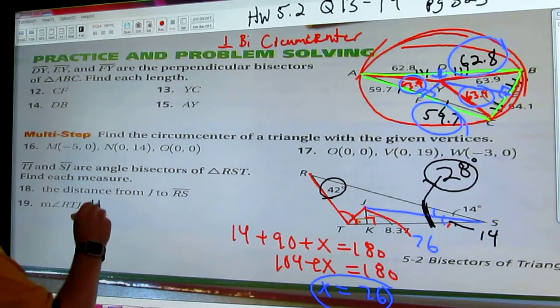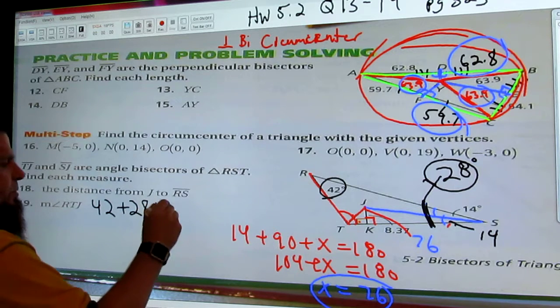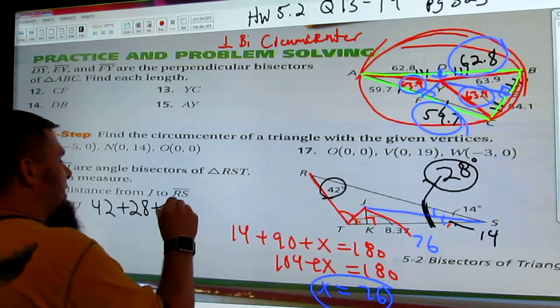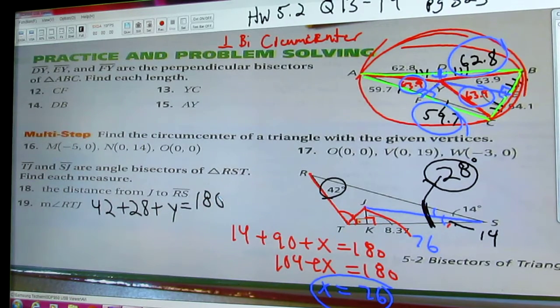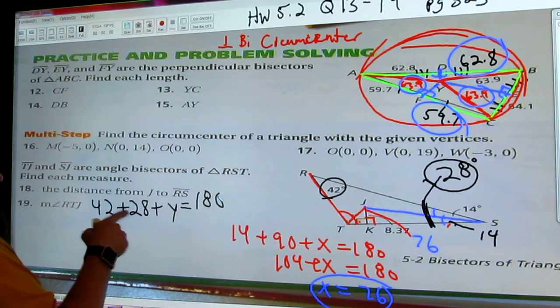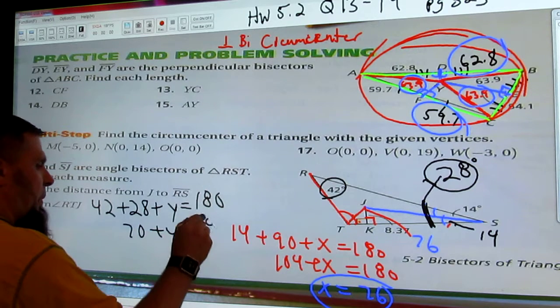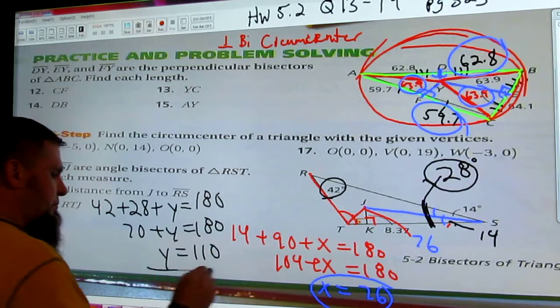So 42 plus 28 plus y, because we already used an x, is going to equal 180. Is that correct? In this case, 42 and 28 is 70, so y is equal to 110.